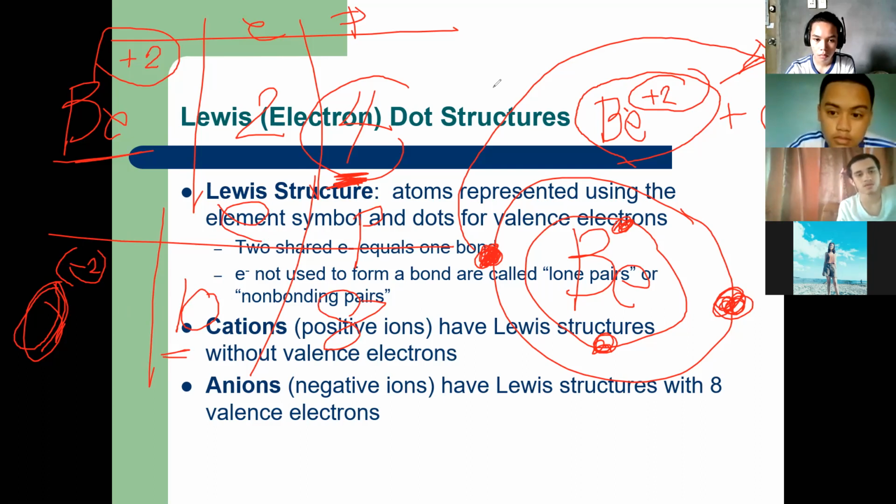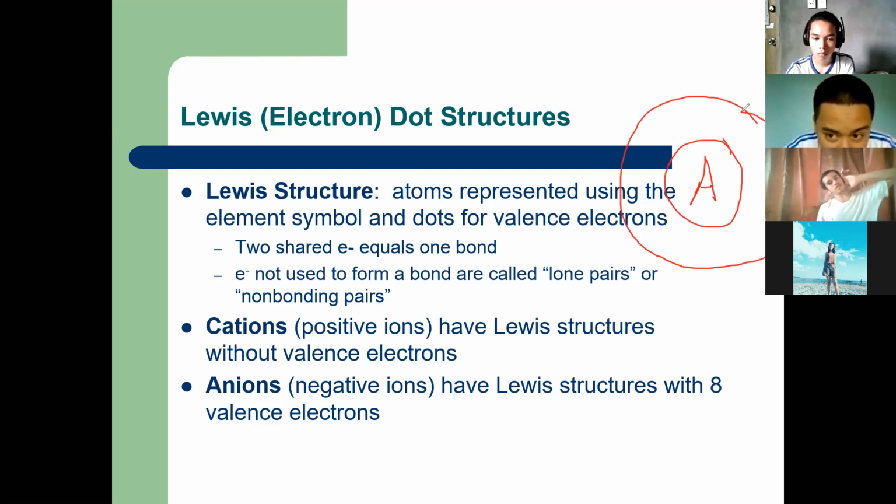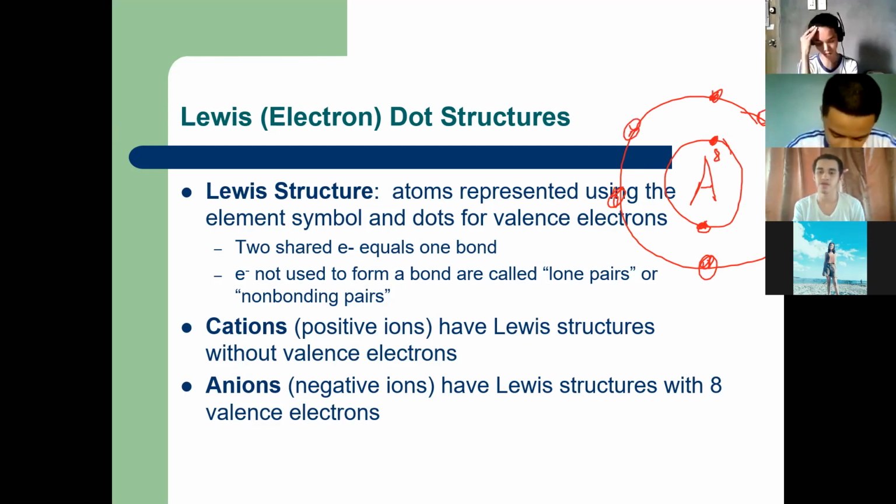The other way of understanding ionization, class, is this: in a certain element, let us say element A, and this is oxygen, I will not use O because we're going to use an outer shell here. If element A contains an atomic number of 8, then the outermost shell contains 6 valence electrons. Right? 1, 2, 3, 4, 5, 6.